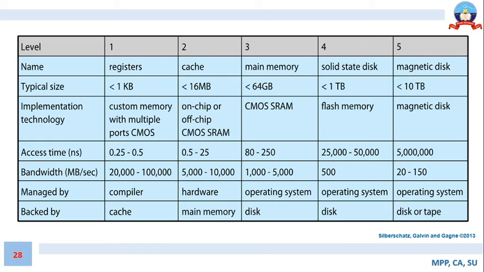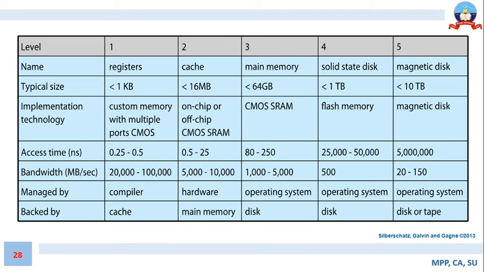Now here we have a very sound comparison of all the memory types. Here we have the names of the memory types: registers, cache, main memory, SSD, and magnetic disk or hard disk. The typical size of a register is less than 1 kilobyte.